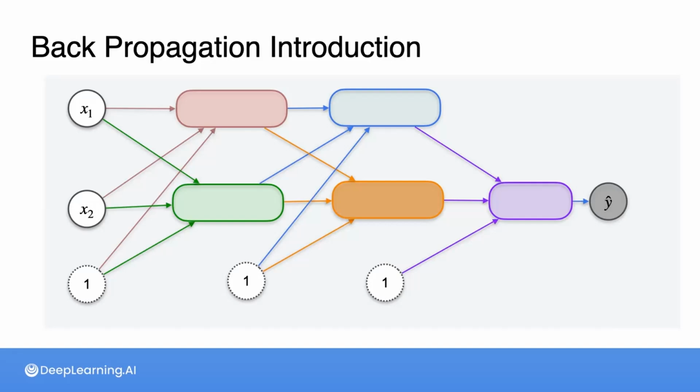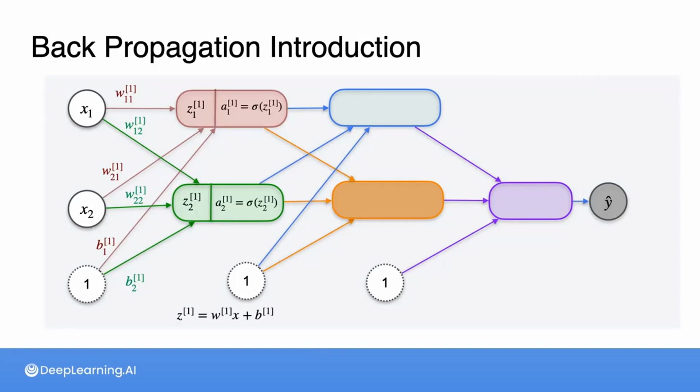Now we need to find some notation for the weights. So let's add a superscript of 1 for the first layer. And these ones will feed into summations Z1 superscript 1 and Z2 superscript 1. So everything with superscript 1 is in the first layer. And now these are the A's that are obtained after the sigmoid.